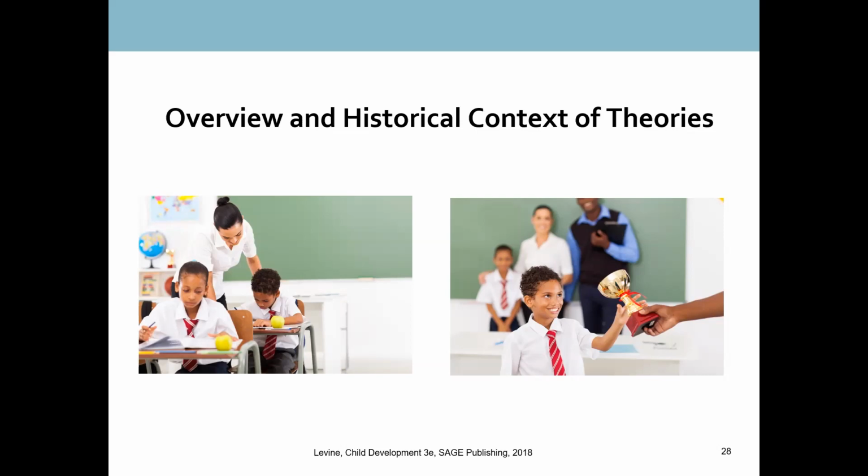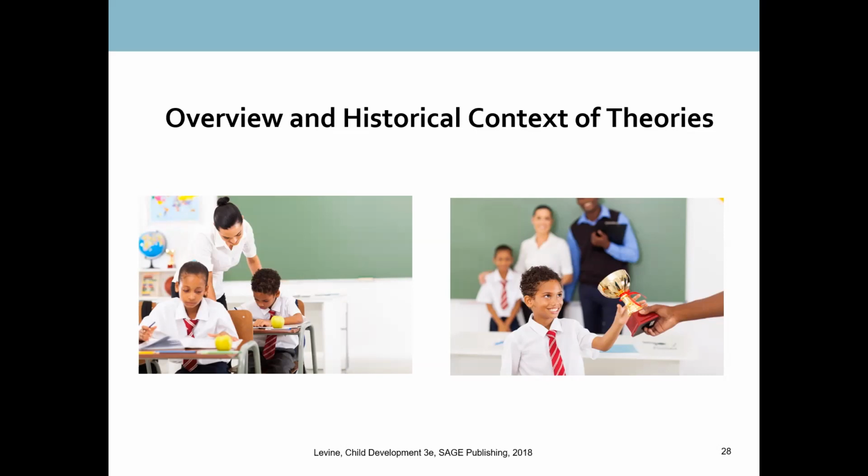And also there's a column that looks at nature versus nurture. Is the theory more biological, which is our nature, or is it more based on environmental forces, which is nurture?